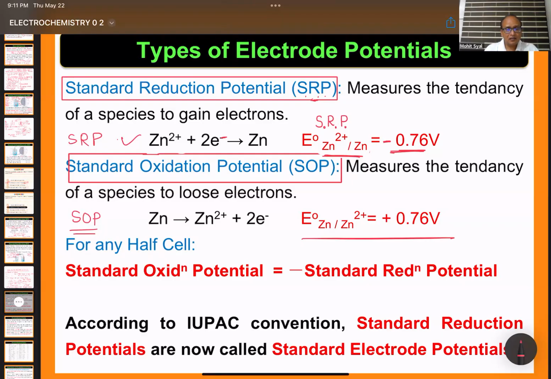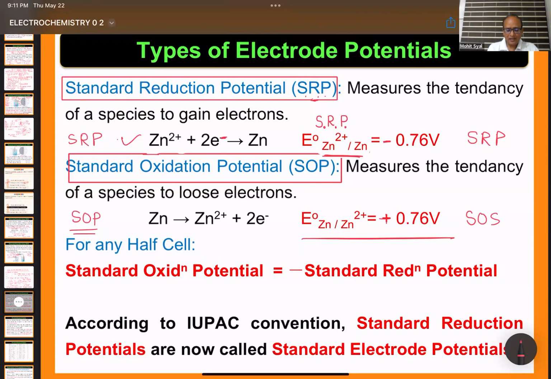The magnitude is 0.76 for both of them, but it is minus 0.76 for reduction potential, and for oxidation potential, it is plus 0.76.